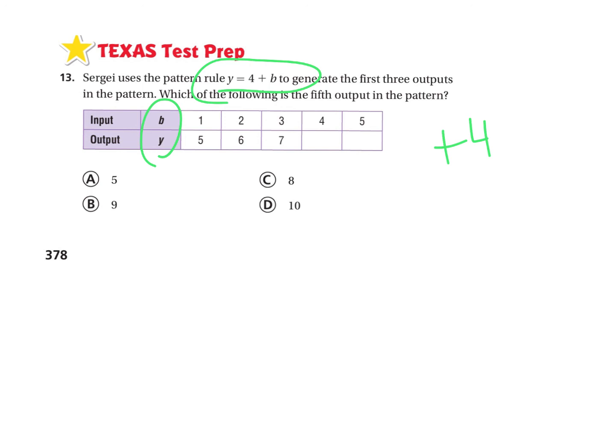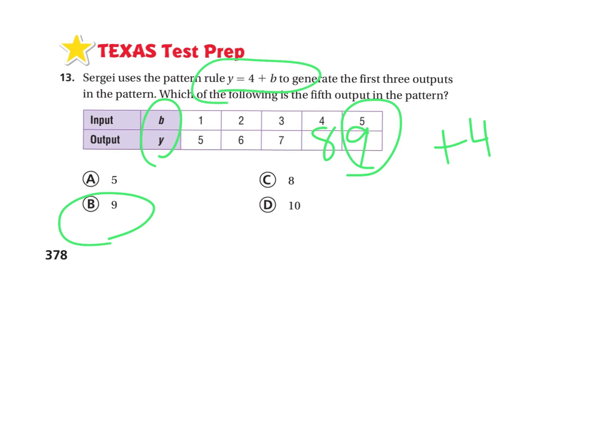It's just one of those things where you have to go slow and think about it. Whatever the B is, you're going to add 4 to it, then that's going to give you your Y. Well, they really care about the 5th output. So that's my focus here, whatever that one's going to be. So if I just continue it, 4 plus 4 is going to give me 8, 5 plus 4 is going to give me 9, and then I think I would go with B here as my final answer.